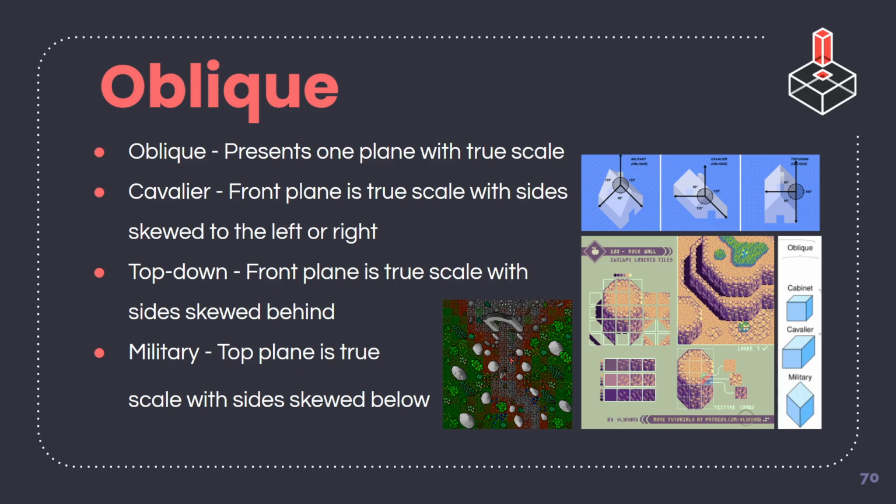We're basically forcing these planes to be pushed this way, because this is our ceiling. Military is where your camera is projecting on top, making the roof look like true scale, but then creating depth by pulling the planes downward. I hope that's a better explanation than I had.